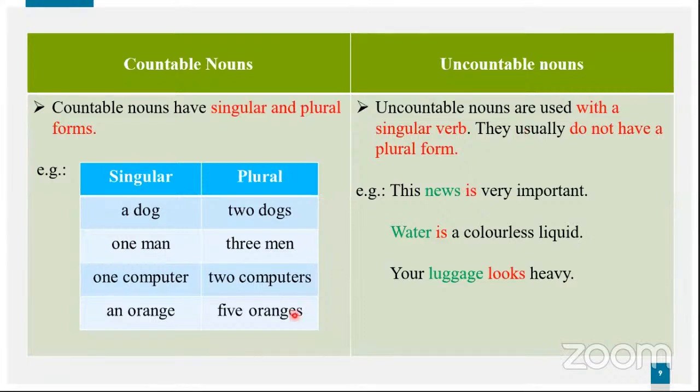Take a screenshot. We have discussed two differences so far. Okay, I will move to the next difference, the next point.